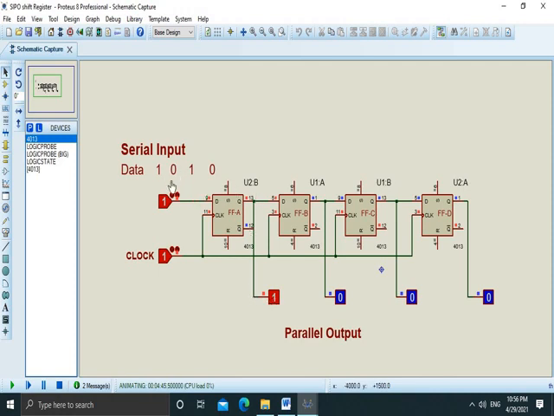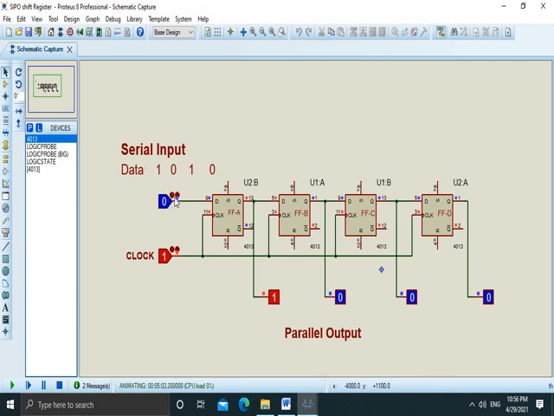Then we enter the second data. After applying the clock pulse, the output of the first flip-flop is received at the input of the second flip-flop, and after receiving the clock it is shifted to the output of the second flip-flop.